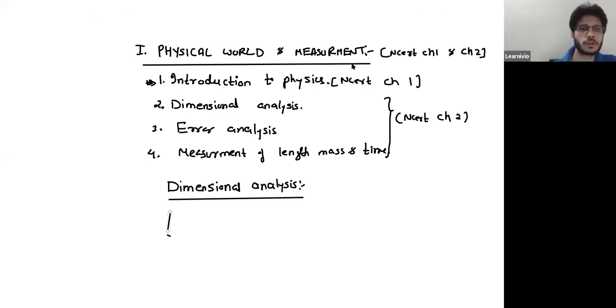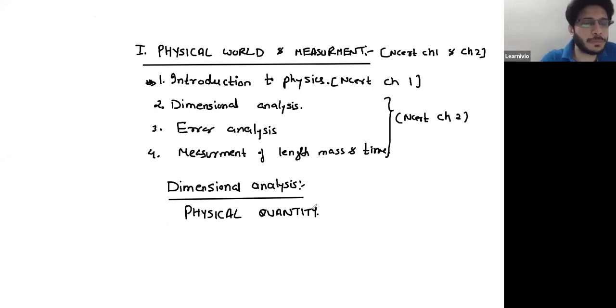Physical quantity simply means quantities that can be measured.